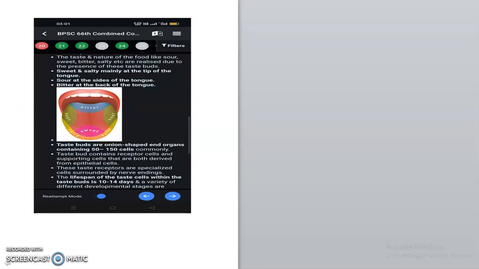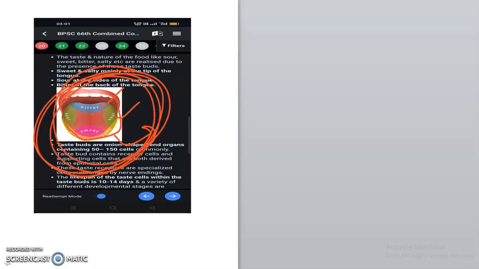The front part of your tongue gives you the sensation of sweetness, these parts give you sourness, and the posterior part, the back of the tongue, gives you the bitter sense, and the boundary of it gives you the salty taste. To remember, focus on this image. They have asked about bitterness in previous exams, so they can ask these also. That's all. We will meet in the next video.